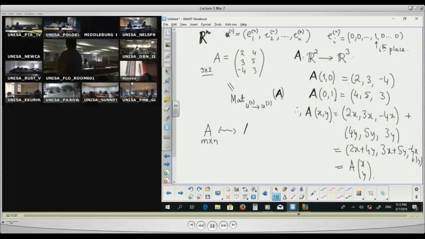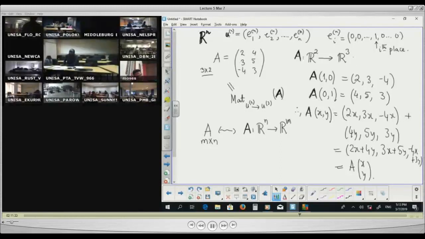And these are all the linear transformations from Rn to Rm. So you see how beautiful this matching comes up now. Every matrix is nothing else but a linear transformation.